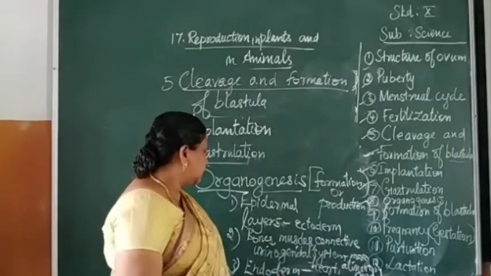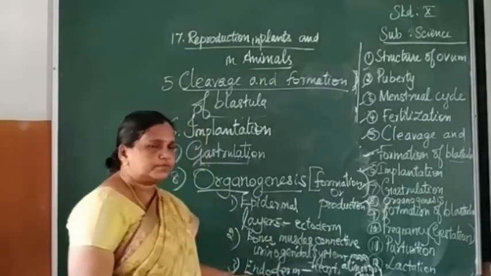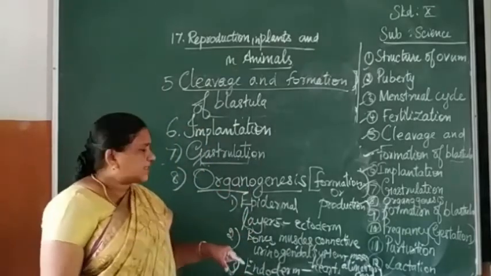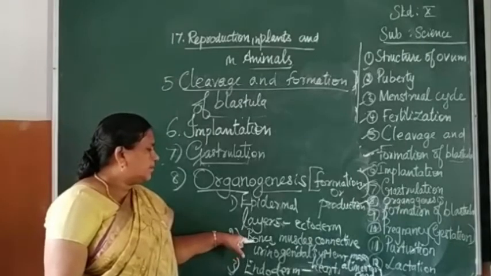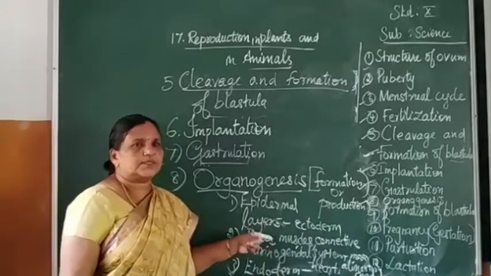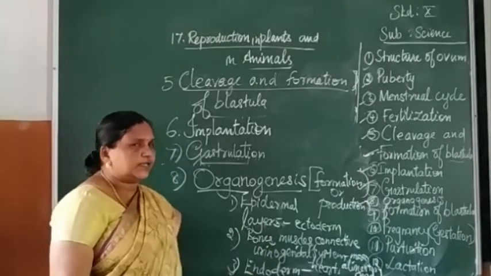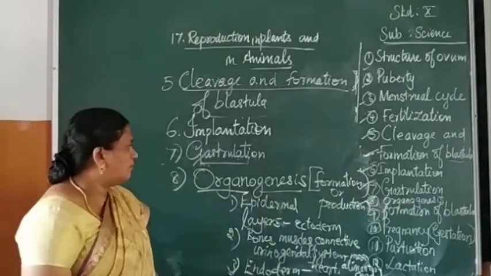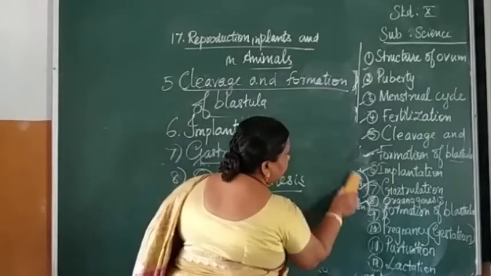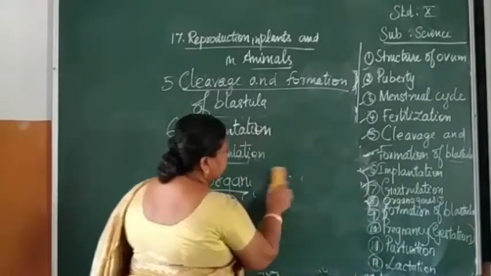So the three layers: from the epidermal layers, different organs are formed. From the mesodermal layers, some of the connective tissues, bones, muscles and all. Last one, endodermal layers, internal organs are formed. So organogenesis is now over. Now we can move on to the next process.